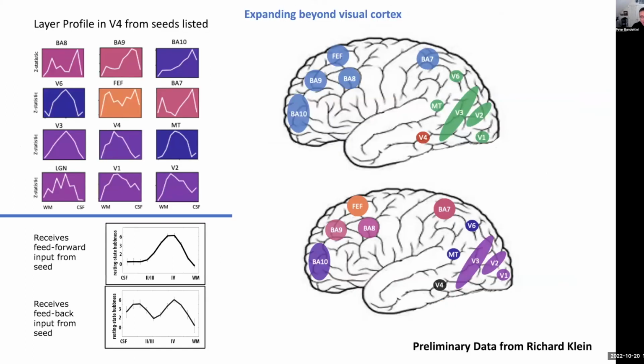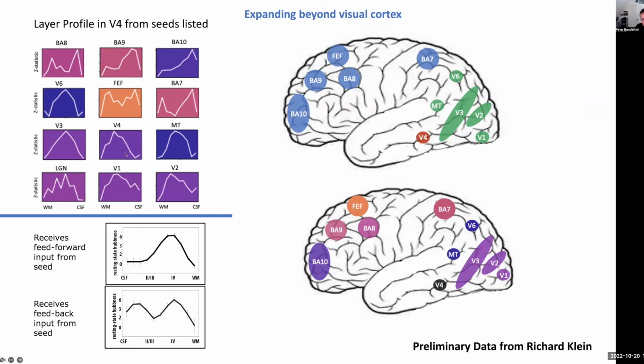Once again, we tried doing more hypothesis-driven approaches where we've looked at, for instance, V4. We take a region, we look across the layers in V4, and we take all these different seeds in areas that are below and above V4, and we find, as expected, that the lower visual areas feed into V4.